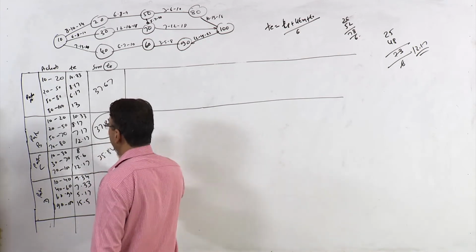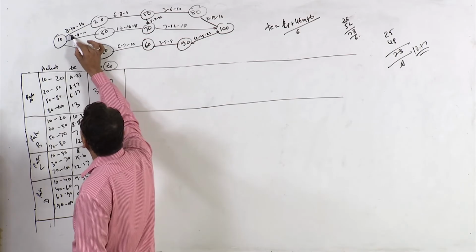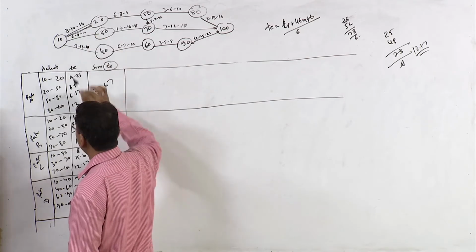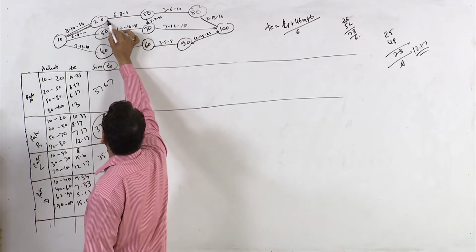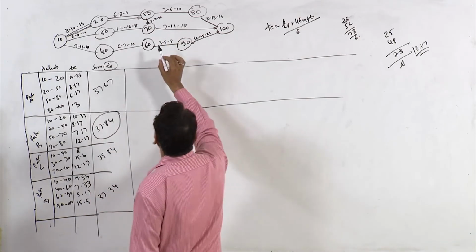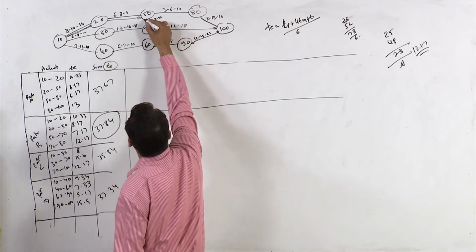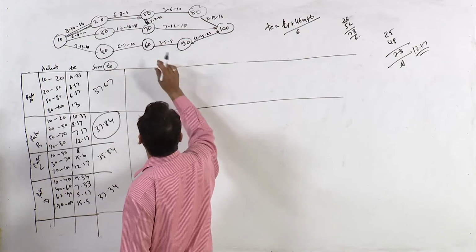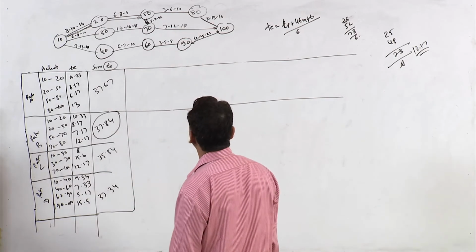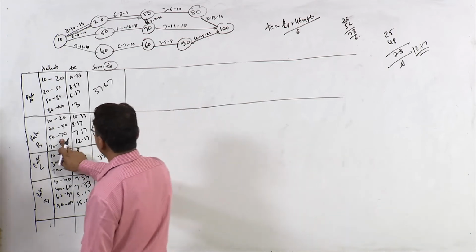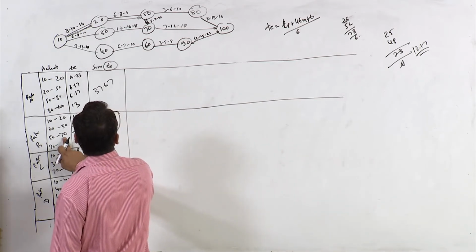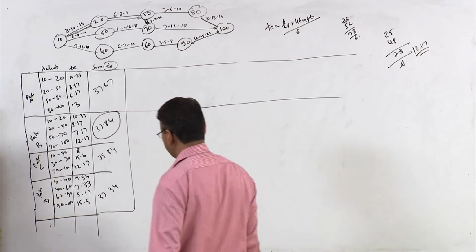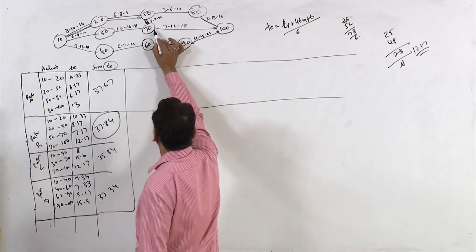Let me write it like this: 10 to 20, 20 to 50, 50 to 70, and then 70 to 100, right. Path B, yeah.